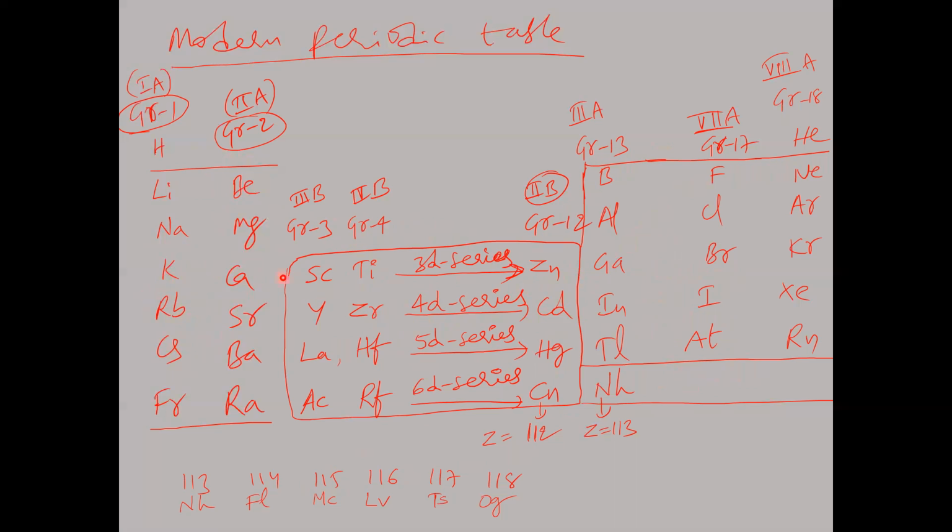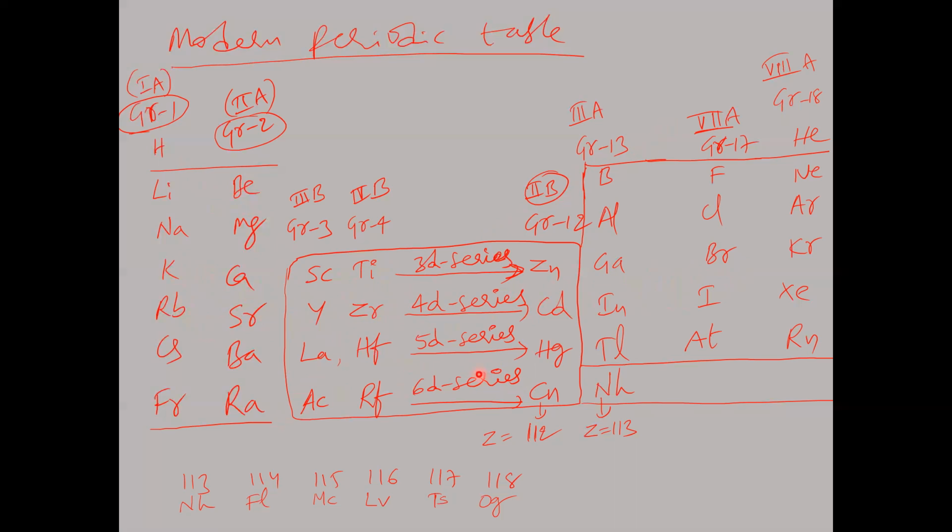As we go from S block to P block, the metallic nature decreases and the non-metallic nature increases.